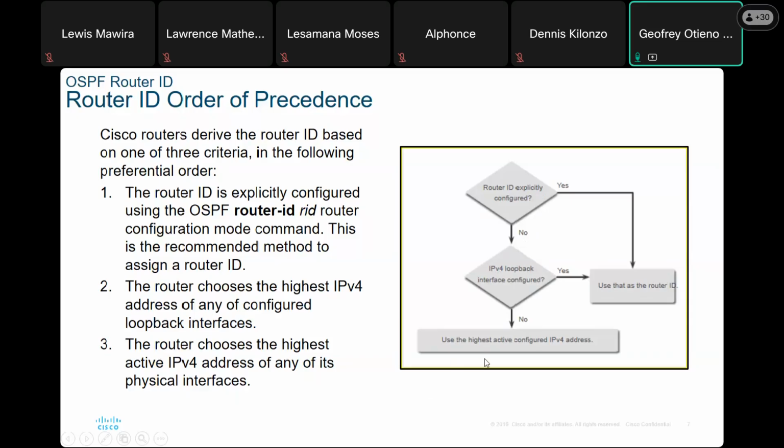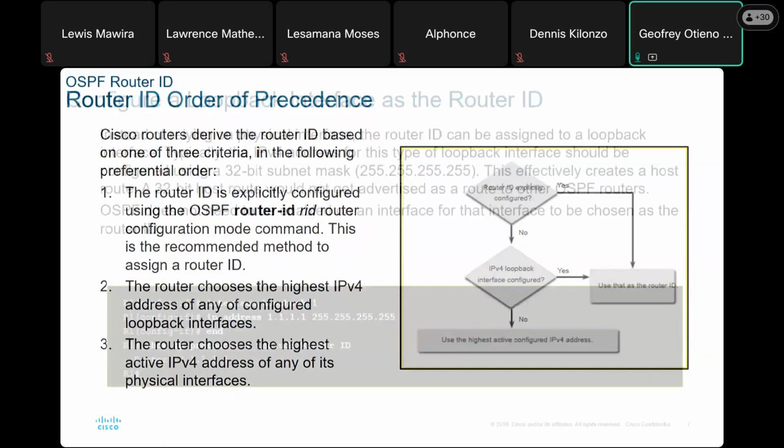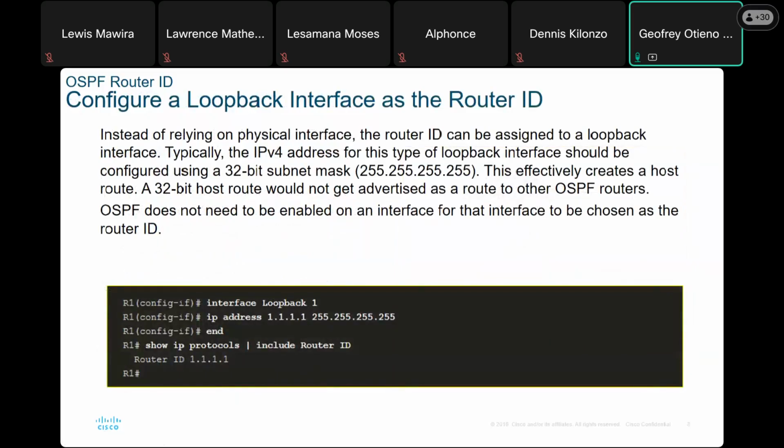Then use the highest active configured IPv4 address. So you can see that's the order of precedence they follow. So there's no way you can miss the router ID. Either way, you cannot miss the router ID, as long as OSPF has been used.